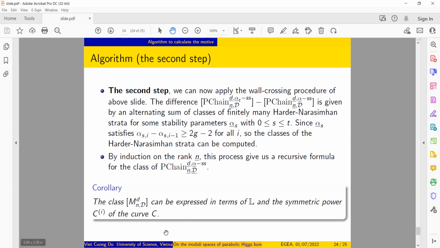When we use this application, we know that this formula must be true without the condition over the characteristic. So in some sense, I can remove the condition that the characteristic must be bigger than something in the theorem of Olivier Schiffmann when I use this algorithm.